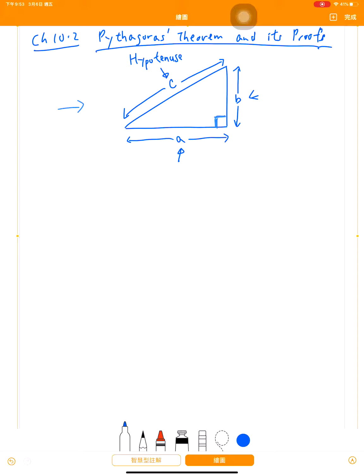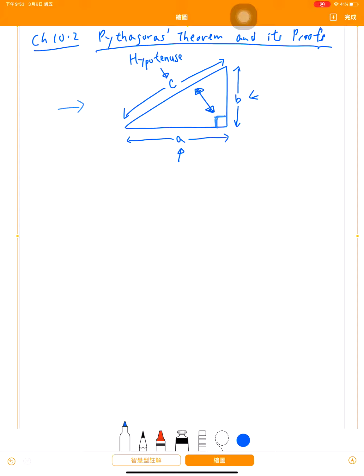You have already learned in Form 1 that it is called 斜邊. It is the length opposite to the right angle, and also the longest length in the triangle.